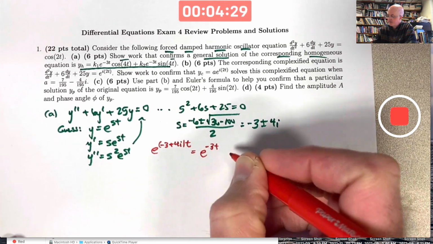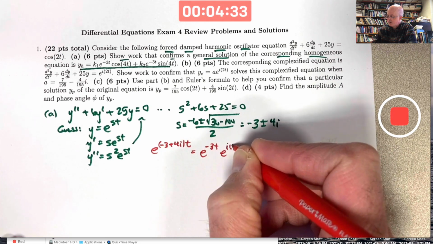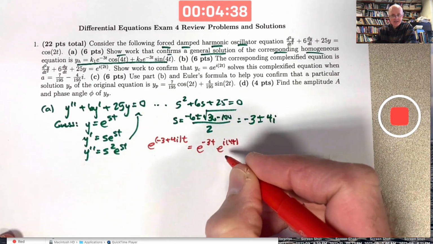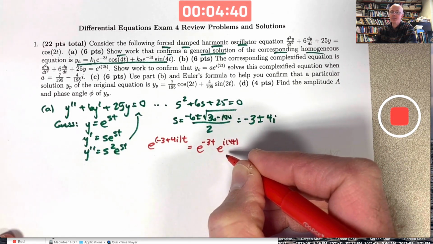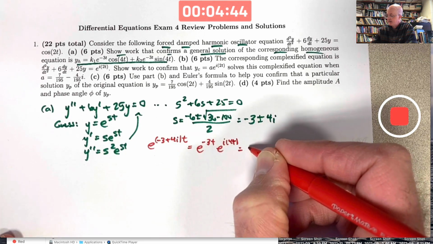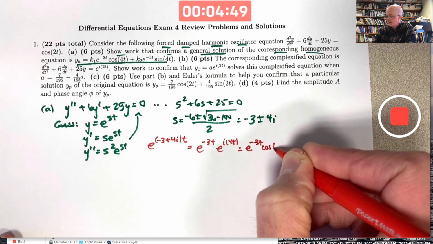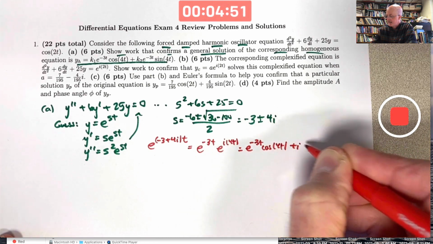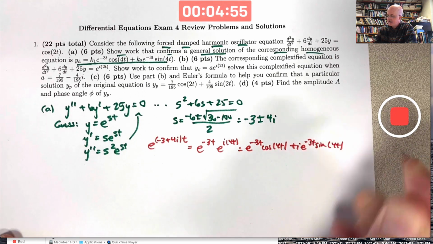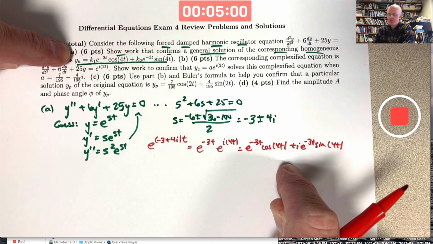That becomes e to the negative 3t times e to the 4it, or if you prefer, i times 4t power. And then Euler's formula, Euler's identity, says this thing right here is cosine of 4t plus i sine 4t. When I multiply the e to the negative 3t through that, I get e to the negative 3t cos 4t plus i e to the negative 3t sine 4t. We're almost done. That's our complex solution expanded. How is it related to this one?